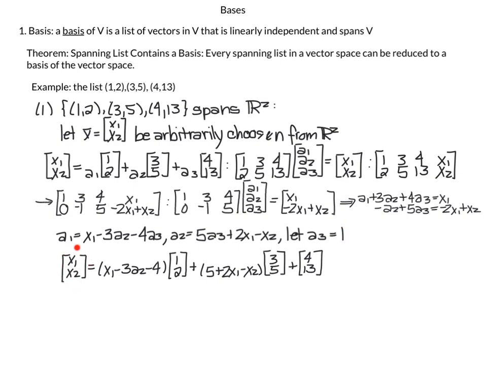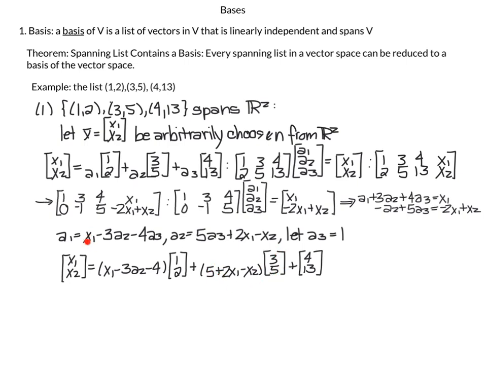So writing x1, x2 as a linear combination of 1, 2 and 3, 5 and 4, 13, we're going to put 1 in front of 4, 13. Solving for A2, now A3 is equal to 1, so we have 5 plus 2x1 minus x2. And so I'm going to write that as my coefficient in front of my 3, 5.